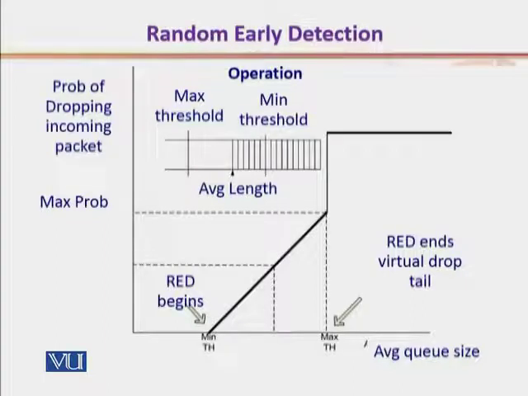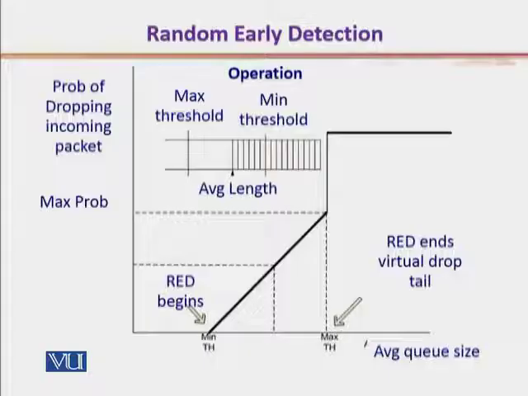Figuratively, we can establish a relationship between the average queue size and the probability of dropping the incoming packets. A queue which is handling the packet drop using the RED mechanism can be best described using a linear relationship.